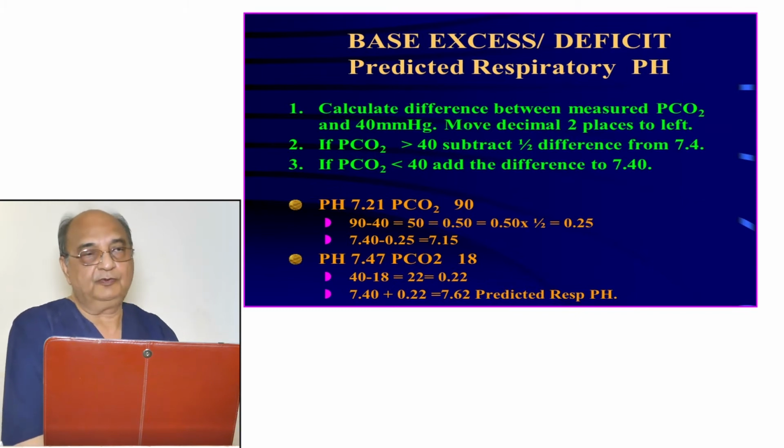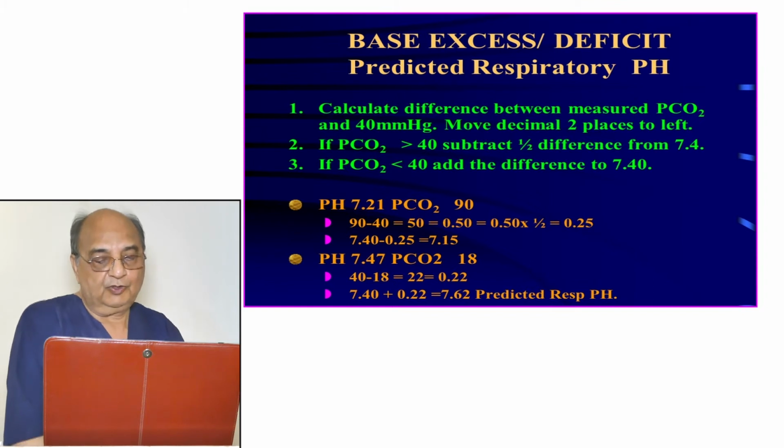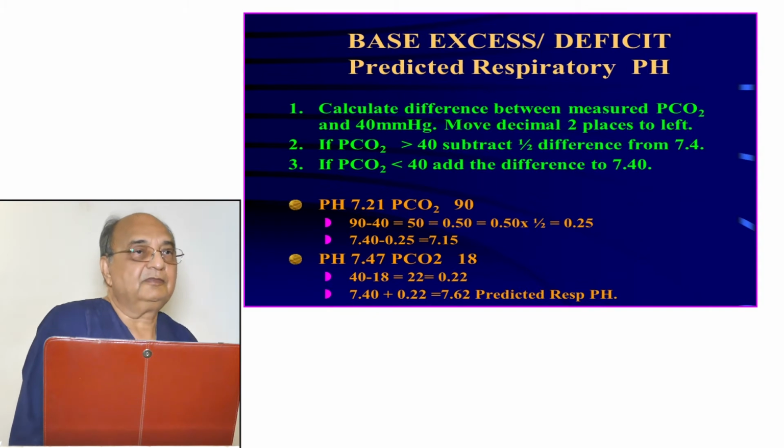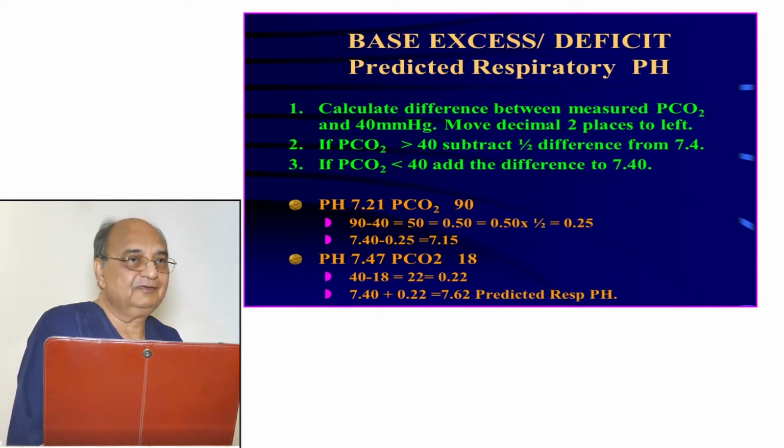This you add to 7.42, so it becomes 7.62. So if it were purely respiratory alkalosis, then the pH should have been 7.62. But the pH is 7.47. So it means the rest is a metabolic element. So that's how you do it.